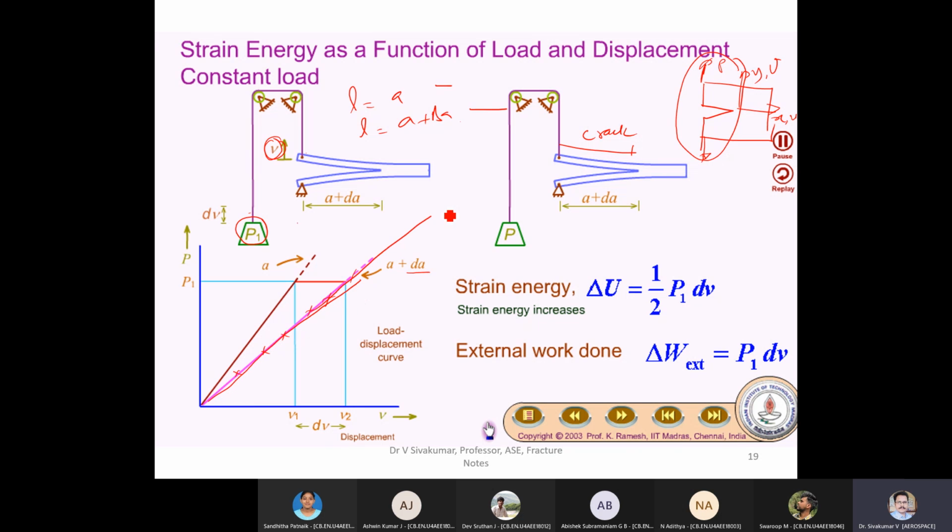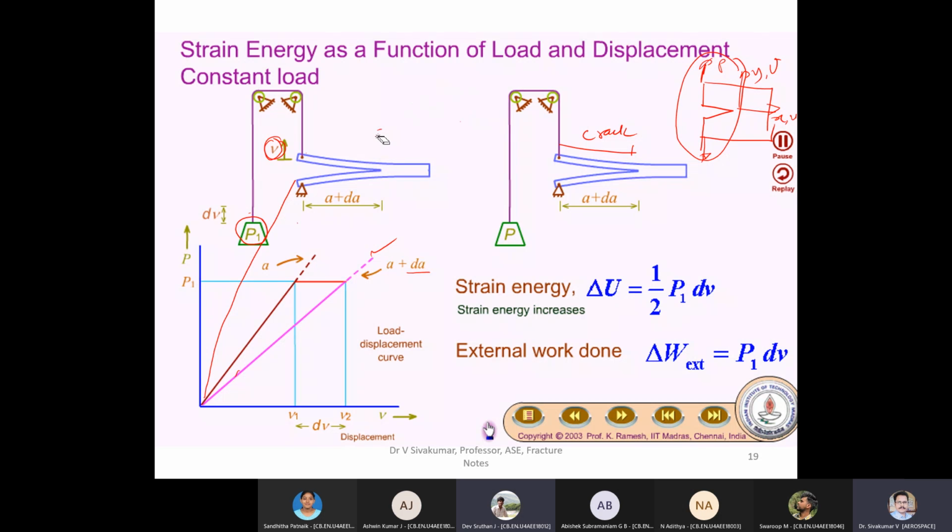Can you tell me the reason why the A plus delta A curve is coming here? Why is it not going there? Tell me the reason, please, students.